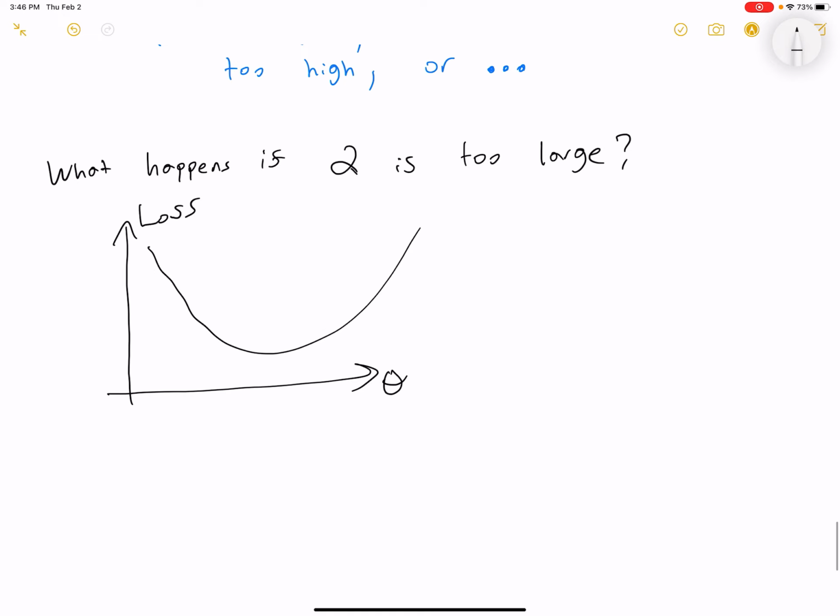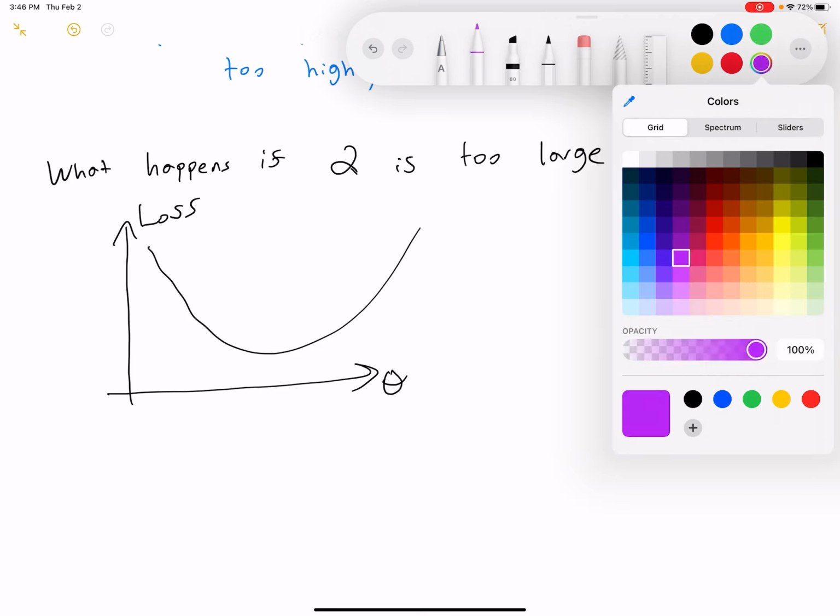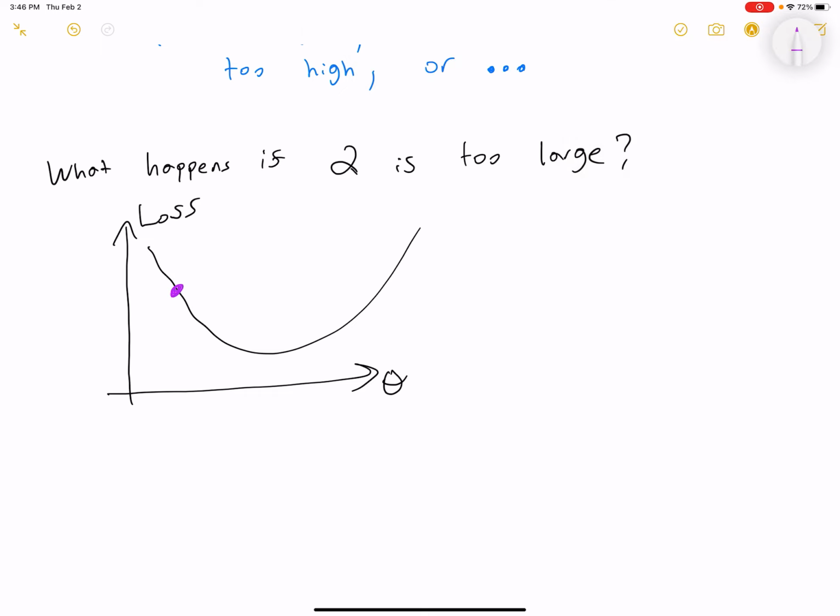We'll get in a situation where we start with, say, this parameter value at step 0, and then our alpha is so big that we make giant step sizes, so then we end up way over here at step 1.